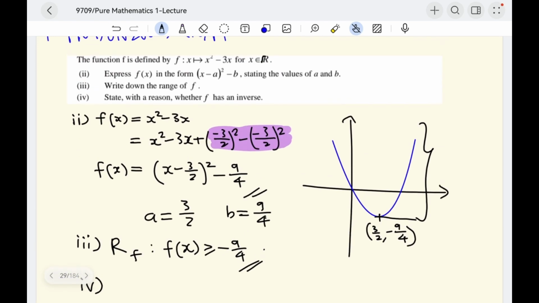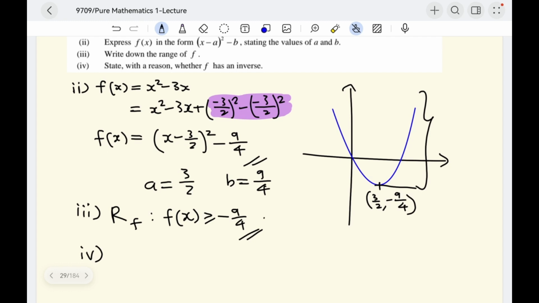If you want to test whether there's an inverse function, you have to carry out the horizontal line test. You simply draw a horizontal line, and then you slide upwards and downwards.